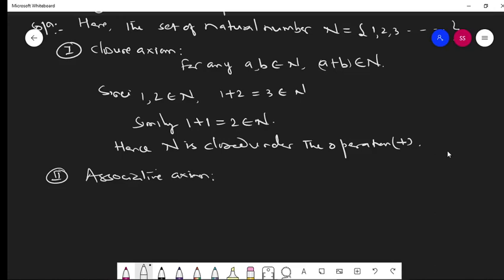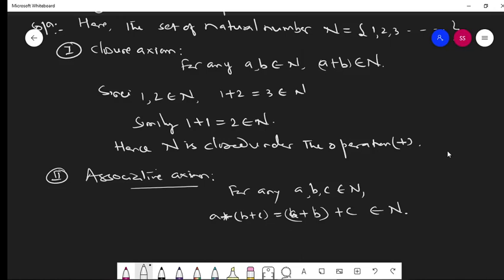For the associative axiom, we have to check for any a, b, c belonging to N, (a plus b) plus c equal to a plus (b plus c) belongs to N. Let's check with a real example also. It will be satisfied, we know that.